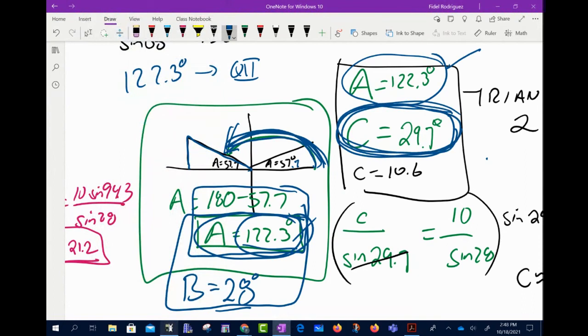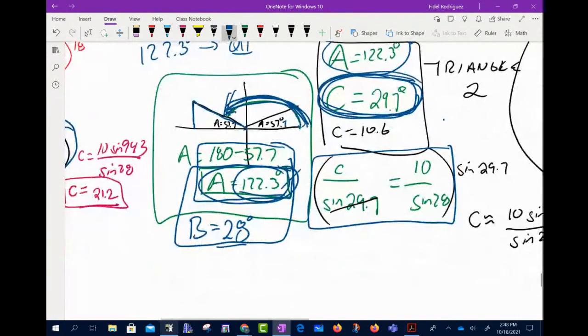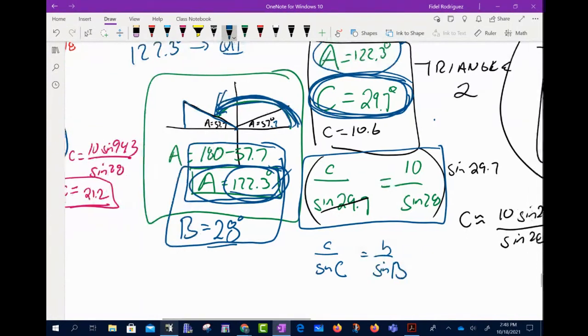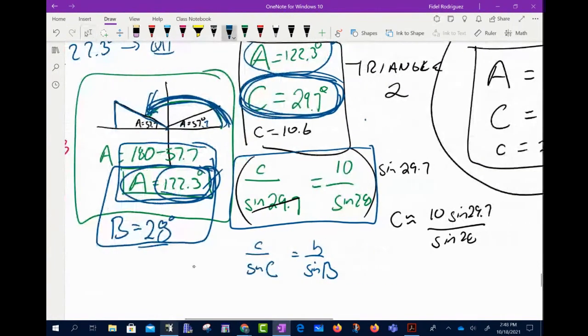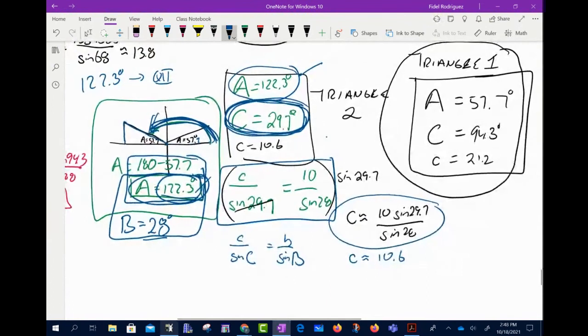So then when I get to that step, I can say, look, let me use the law of sines again. And all I did really here, John, was I said this was little c divided by the sine of c equals little b divided by the sine of angle B. And I just filled in those values, and that's how we came up with this answer here, which was 10.6. And that's how we got our second triangle.